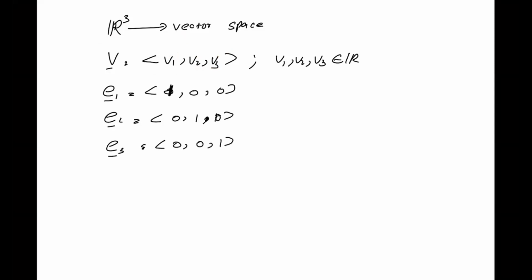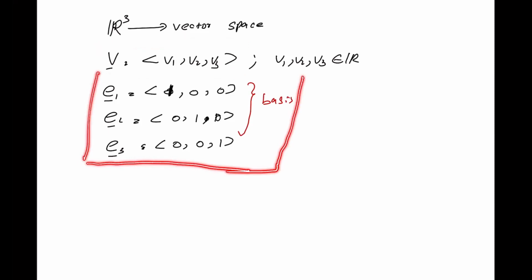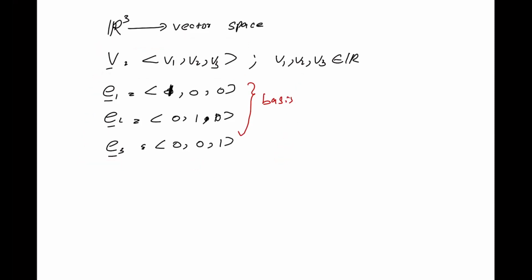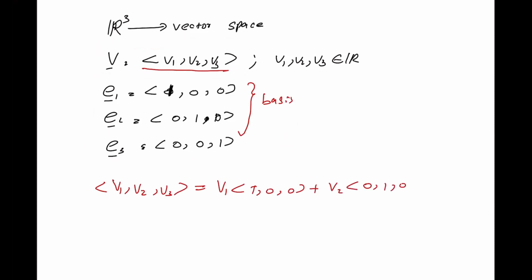I can take this as a basis. It's a very simple example, because I have a vector with three components, which are real numbers, and I take another three vectors as a basis for my vector set. Why is this true? Let's say I have any vector in this vector space, I can write it as V1 times 1, 0, 0, plus V2 times 0, 1, 0, plus V3 times 0, 0, 1.